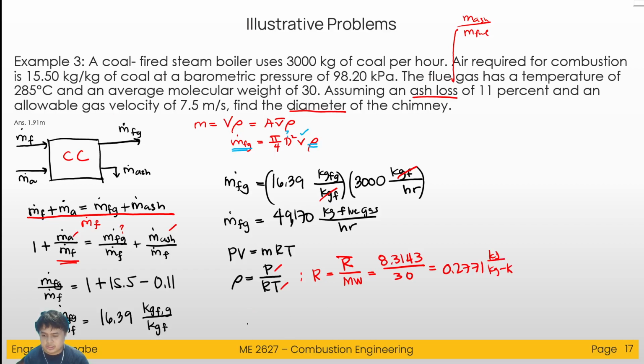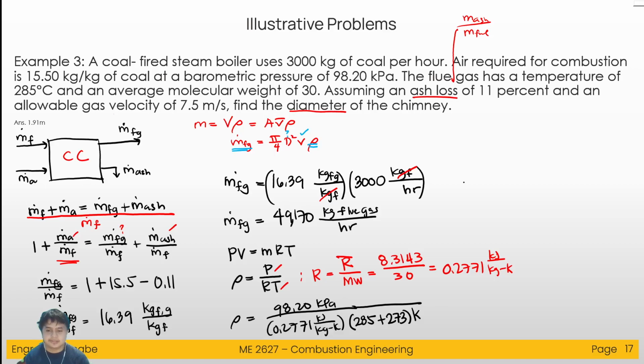So the density here can be found. You have 98.20 kPa over 0.2771 kilojoule per kilogram Kelvin and the temperature of 285. Don't forget to add 273, since we need an absolute temperature, since this is in Kelvin.